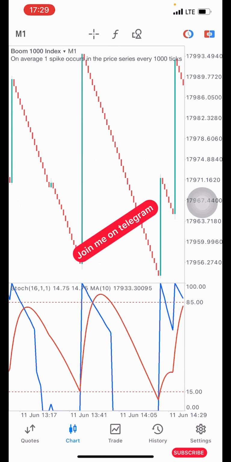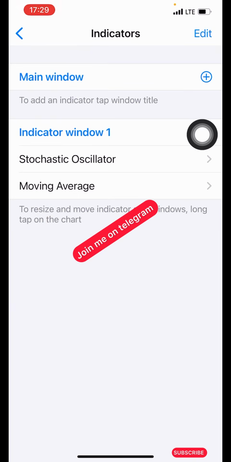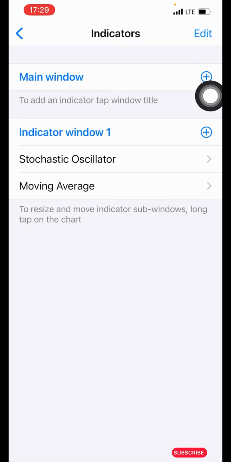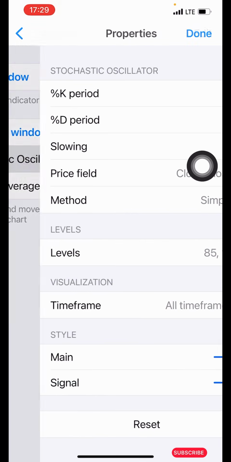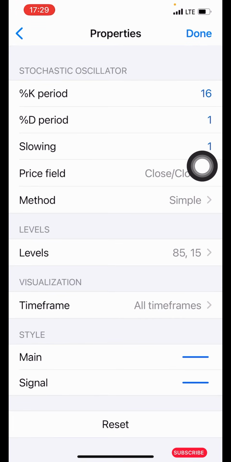Okay, so first of all, you click on this F icon here. After clicking on that, we search for our stochastic, which is the first indicator we have here, right? So you click on the main window plus icon, you search for your stochastic oscillator. Now these are the properties. The period is 16, the D period is 1, slowing is 1, applied price field is close, right?